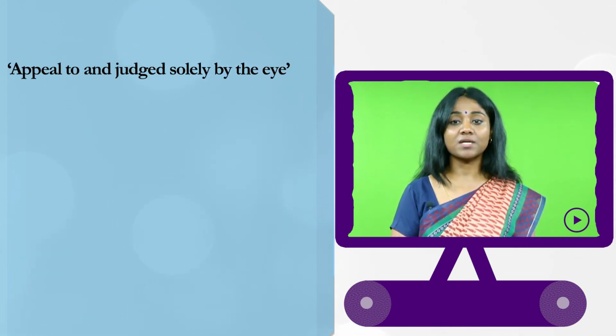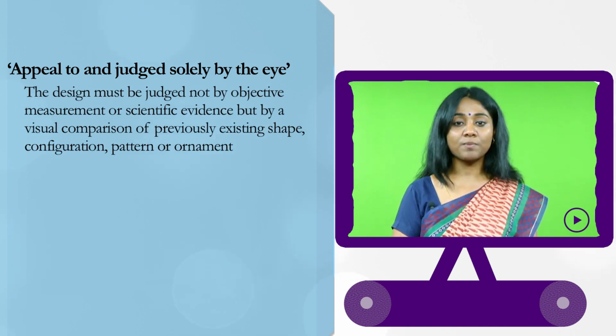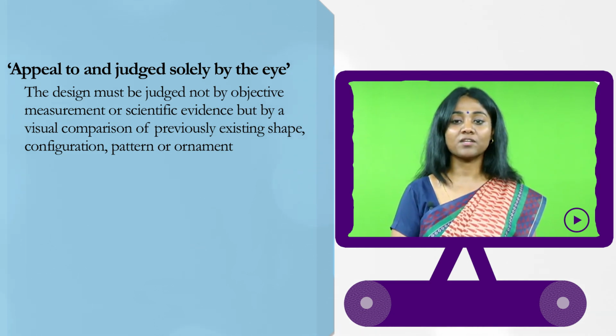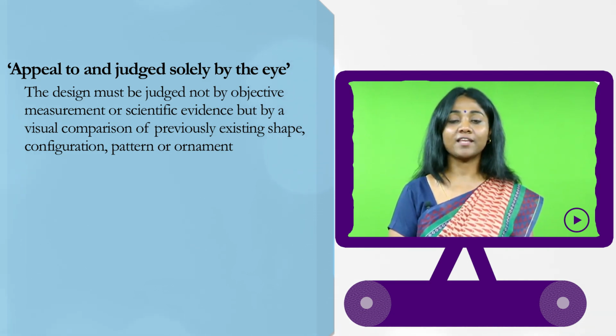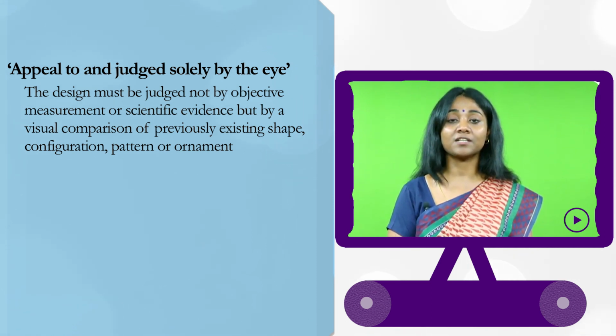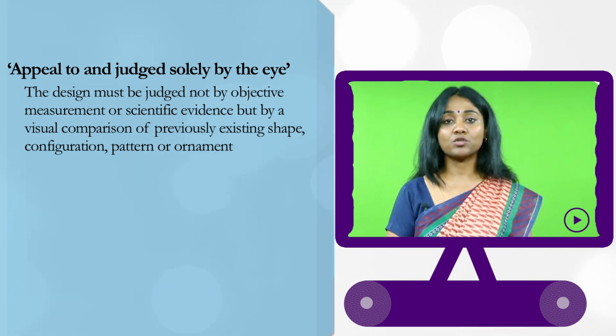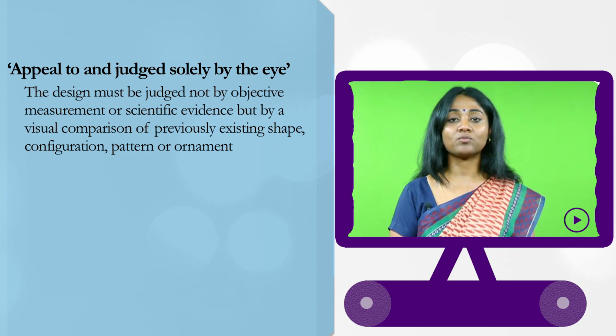As already mentioned, the design must be judged not by an objective measurement or scientific evidence, but by visual comparison of previously existing shape, configuration, pattern or ornaments, and thereby any added value which adds to the appeal of the article and therefore makes it more commercially exploitable, and therefore consumers will find it more attractive to then go on to actually purchase it, is what is protected under design.